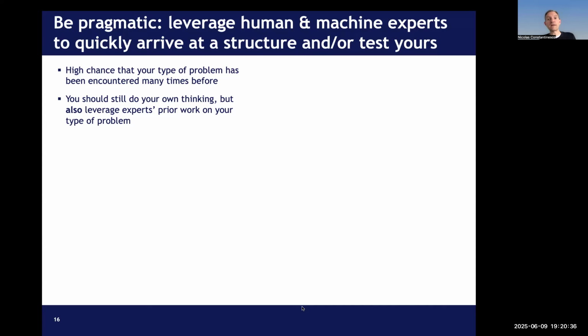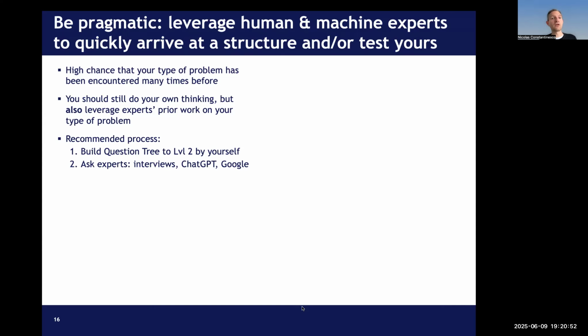Take advantage of the resources that are out there, including the thinking that other people have done about this already. So my suggestion would be first, build the question tree by yourself. So that's taking care of your brain and connecting with the problem. Then ask experts. It can be human experts.